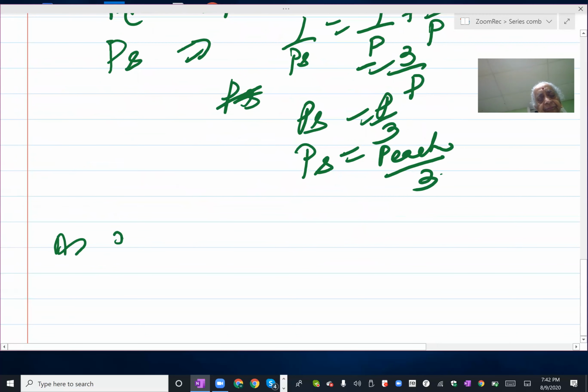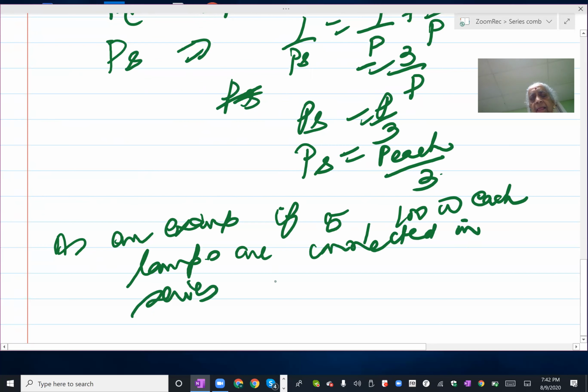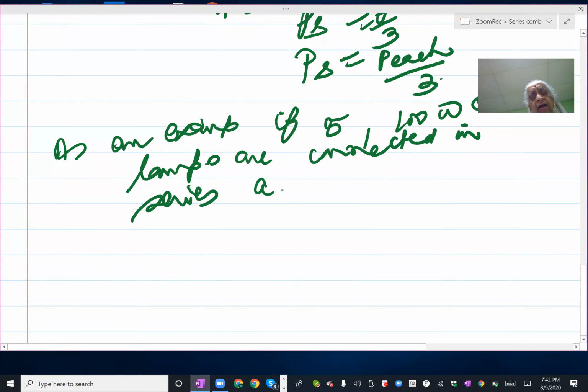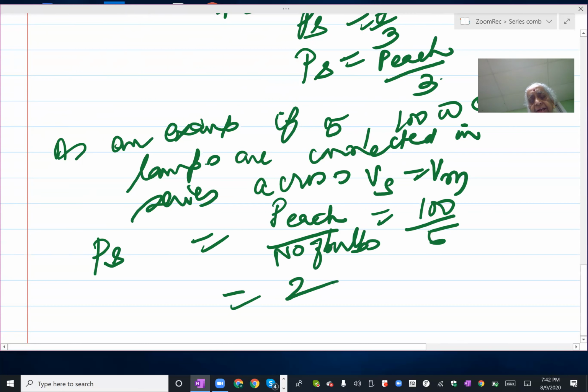As an example, if 5 100-watt lamps are connected in series across the same supply voltage, Vs equal to V marked, then PS of the series combination will be equal to P each divided by the number of bulbs, and that will be 100 divided by 5, and therefore it will be only 20 watts.